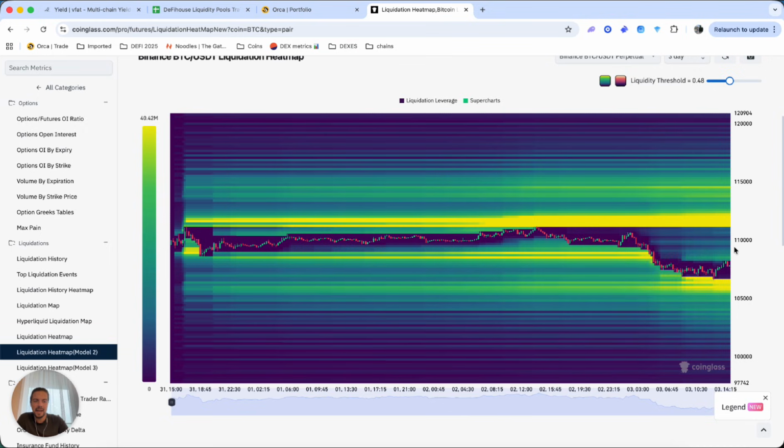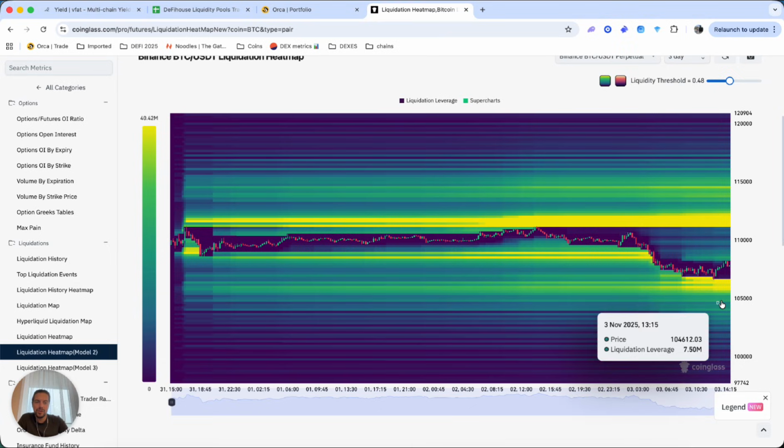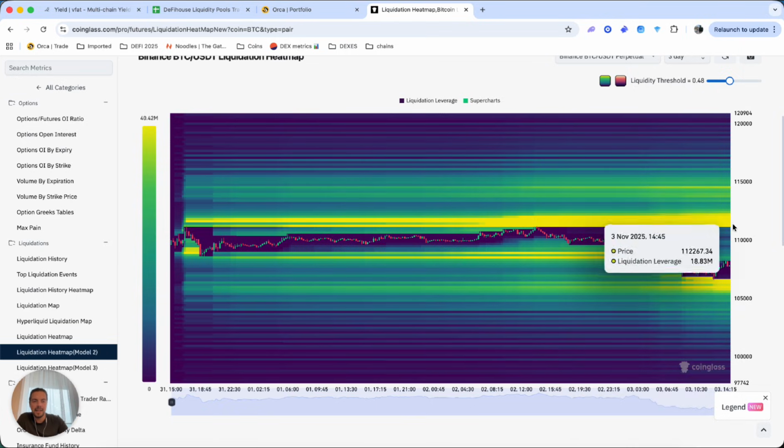But still, now looking from a bit of a higher time frame perspective, you can clearly see that we don't have many orders below the current price, with just the major ones at 106 and a bit below here. So there is not much below, meaning that there is no point for the price to go significantly lower to reach those places, because we have way more liquidation orders and volumes, liquidity basically, sitting at the higher prices at 111, 112 almost.